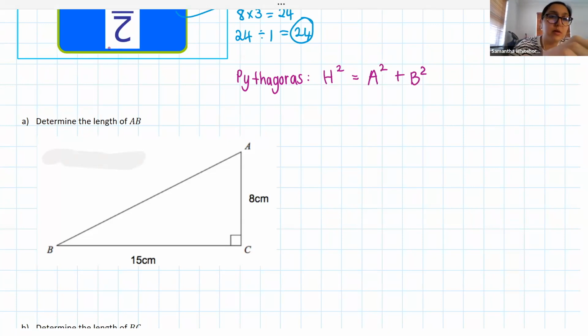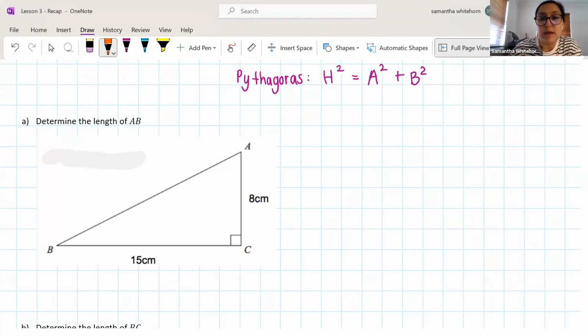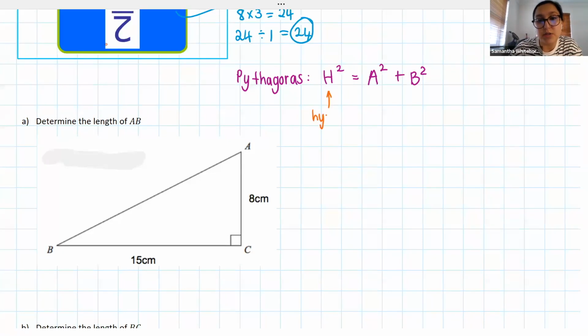Now, what we need to remember is what all of these things means. H is the hypotenuse, and remember your hypotenuse is the side opposite your right angle, and it is always your longest side. A and B are the two other sides of your triangle.